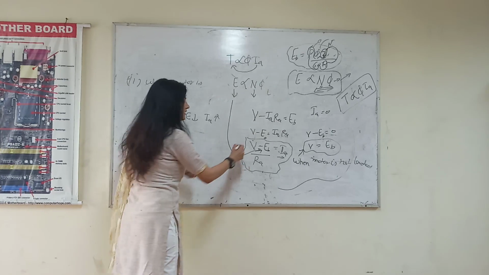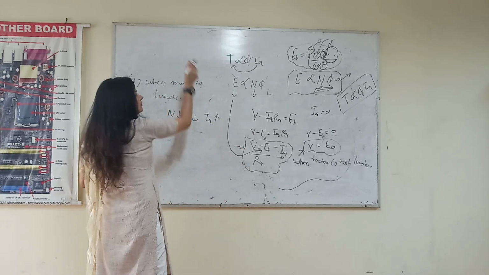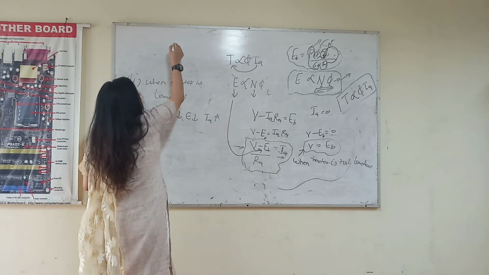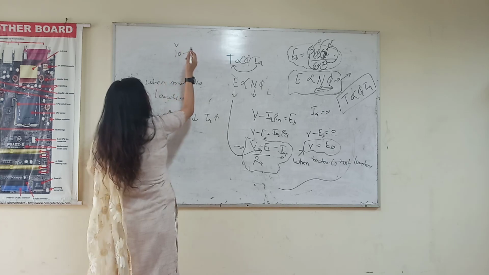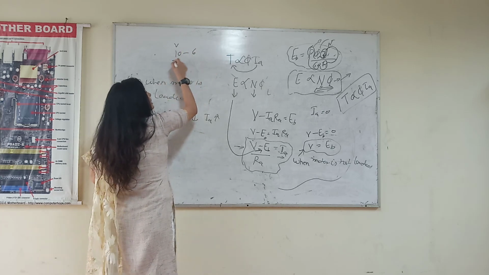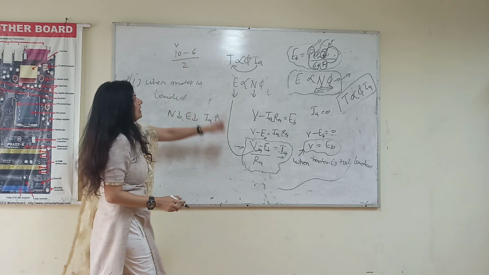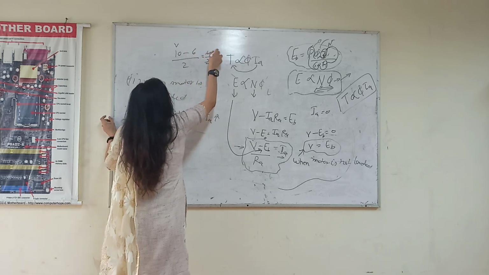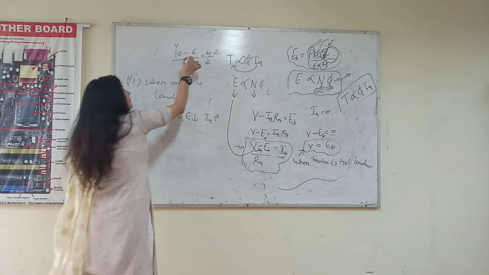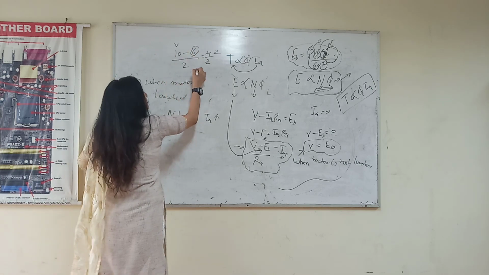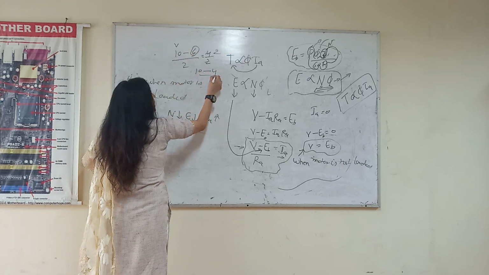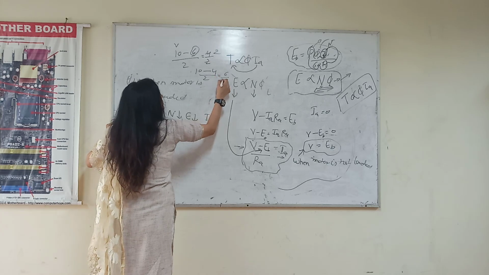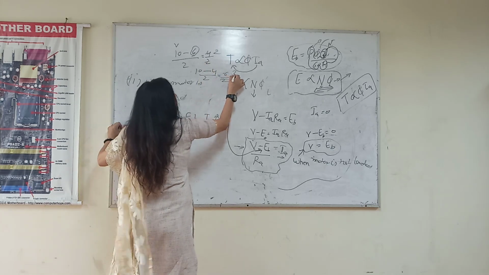Is it clear? For example, say V is 10. V is 10. EB is starting में 6 and RA is 2. What will happen? 10 minus 6 by 2, it will be 4 by 2, means 2. But when EB is decreasing, say 10 minus 4 by 2, it will be 6 by 2, means 3.